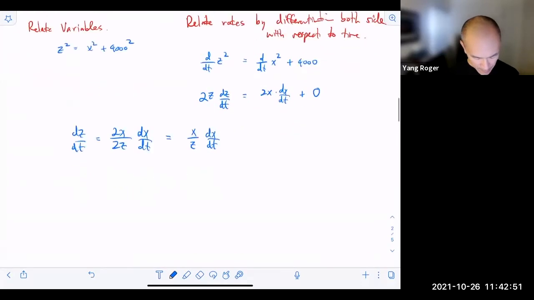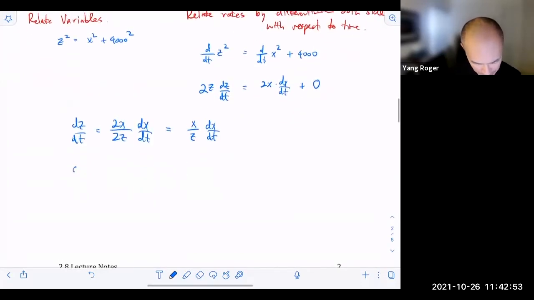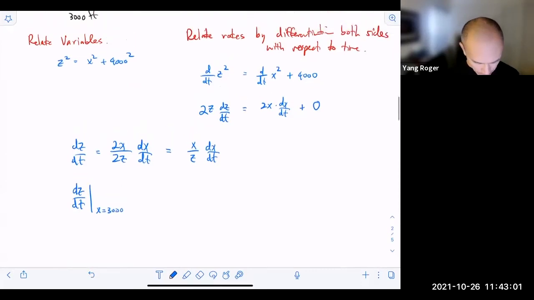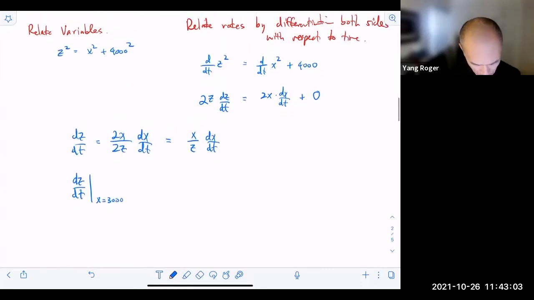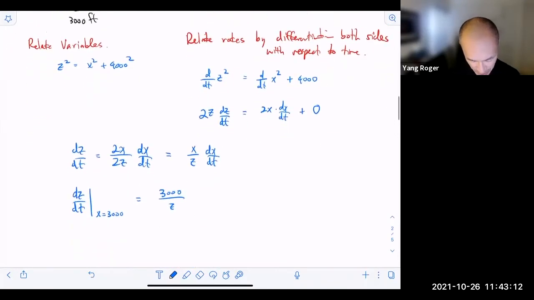Now I wanted to evaluate this when the x value is equal to 3,000. So I go to substitute in, I'm going to get a 3,000 up here. I have a z down below here. My dx dt was given to be 600, so I could put 600 over here.